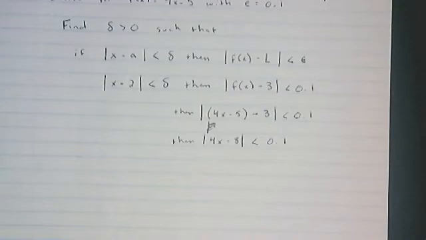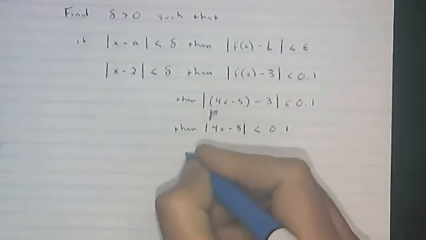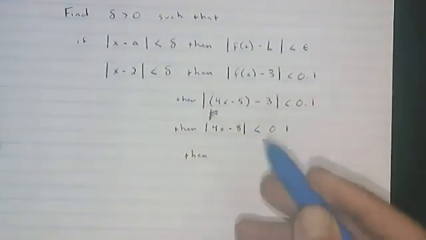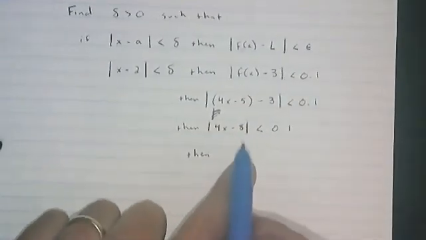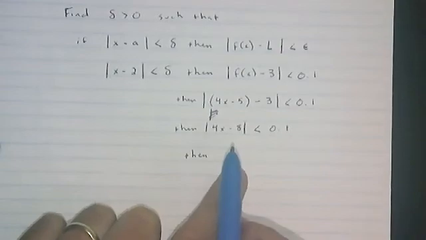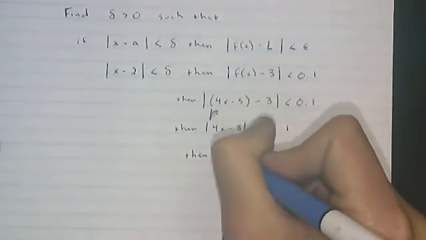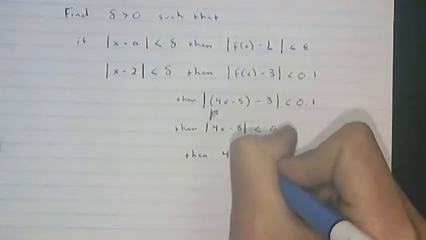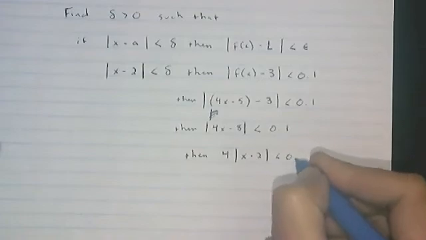And then this is the part that you're not going to like for sure, but I will try to convince you of it. If the absolute value of 4x minus 8 is less than 1/10, and you're not going to like this, then that also means that 4 times the absolute value of x minus 2 is less than 1/10.